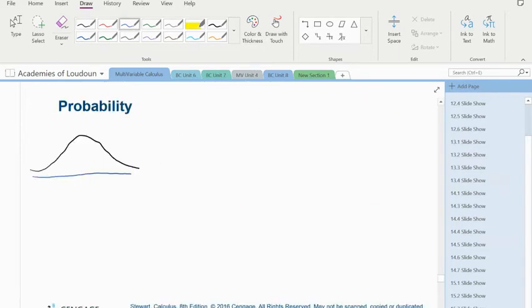Okay, previously you have learned about the normal distribution curve and have understood that this is a probability density function.